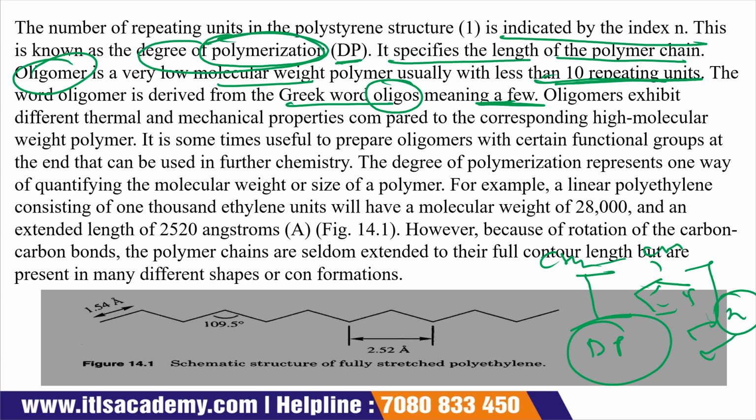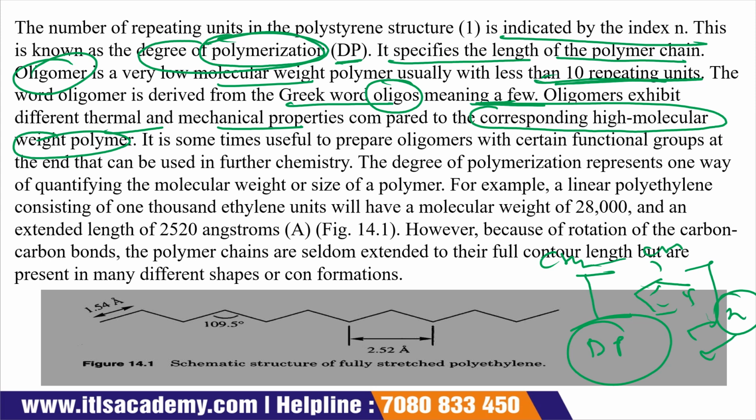Oligomers have different thermal and mechanical properties compared to the corresponding high molecular weight polymers. Okay, so these oligomers are low molecular weight polymers, so their mechanical properties are totally different from the corresponding higher molecular weight polymer.